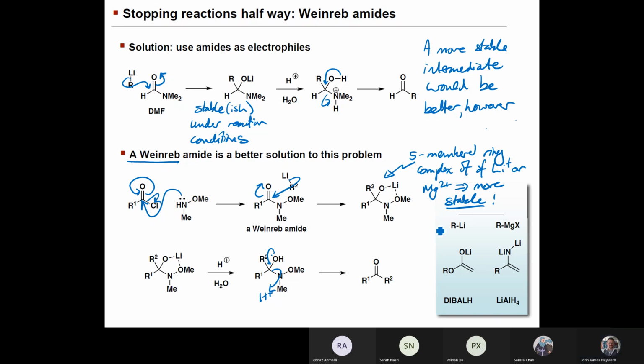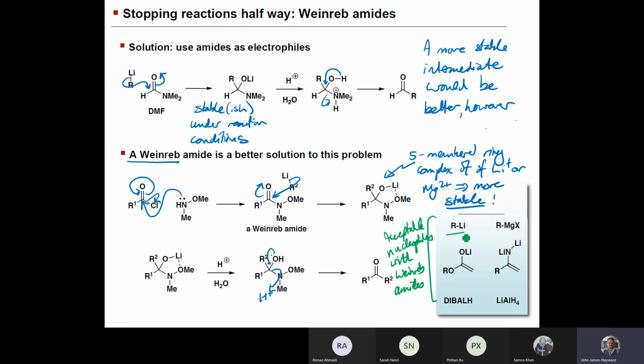Okay. And Weinreb amides are good for a lot of things. On the right here, I'm just showing acceptable nucleophiles with Weinreb amides.